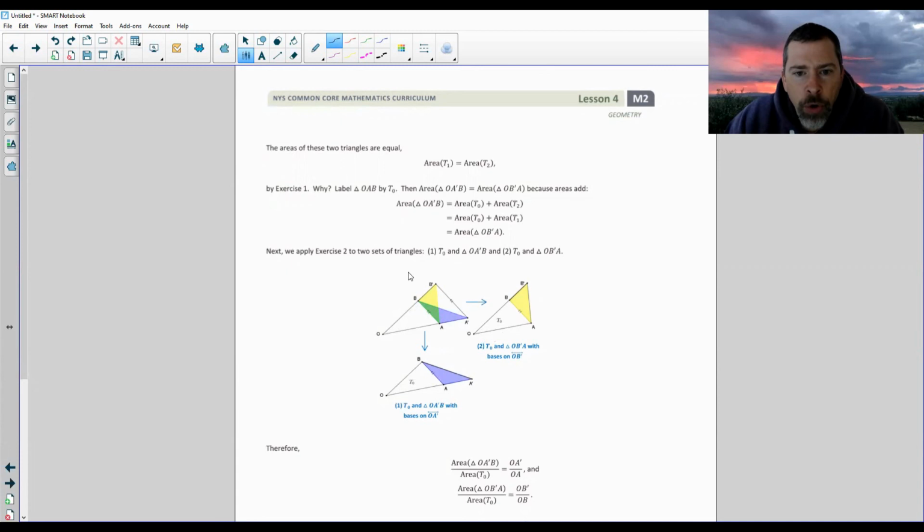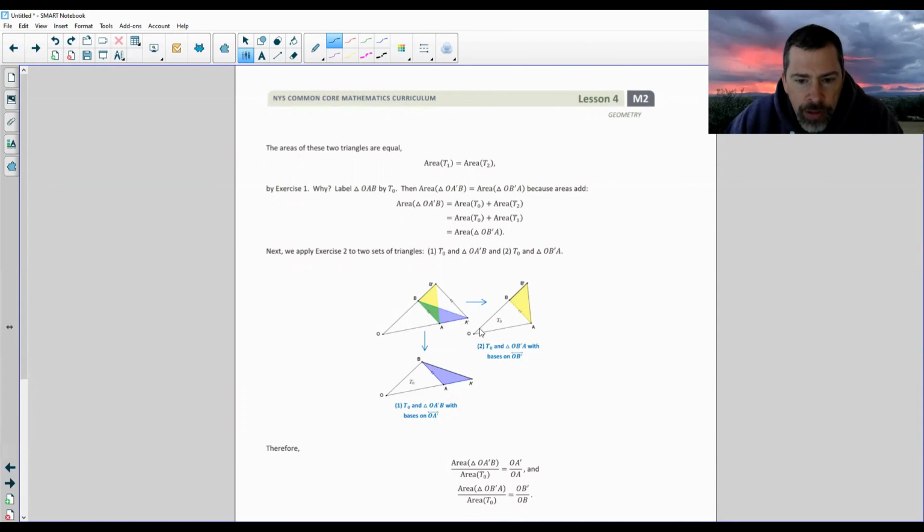Then area of triangle OA prime B, which is right here, equals the area of OB prime A, this triangle over here. Okay. And the reason is OA prime is our base and B is our altitude in this triangle.